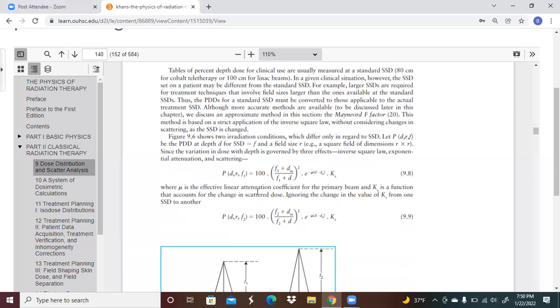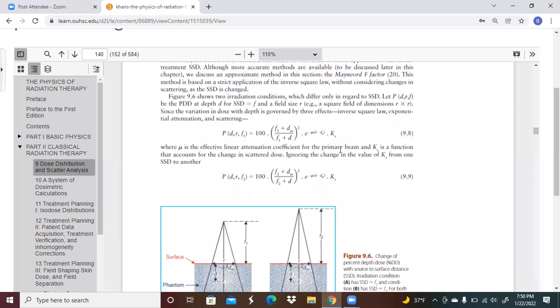Again, mu here is going to be the linear attenuation coefficient for the primary beam, and this is going to be the change in the scatter dose. So ignoring the change in the value of K from one SSD to the next, and another note about the mathematics, this is going to be the percent depth dose. That's what the P stands for here.